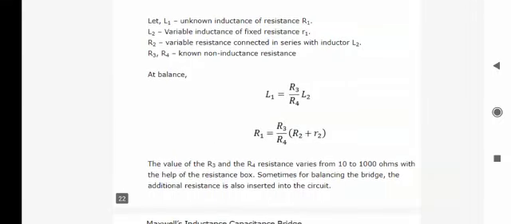So at balanced condition, L1 equals R3 by R4 into L2, R1 equals R3 by R4 into R2 plus small r2. The values of the R3 and R4 resistances vary from 10 to 1000 ohms with the help of a resistance box.